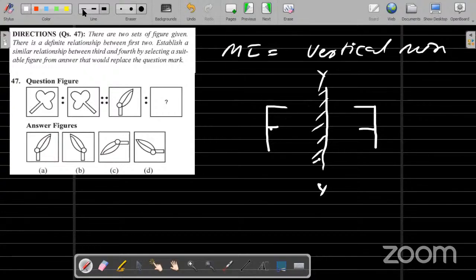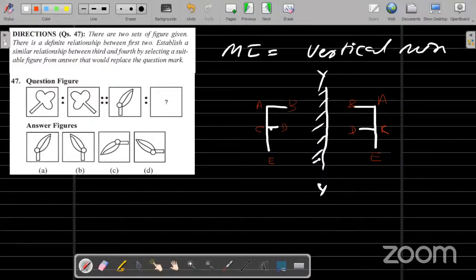If I mark points here, A, B, C, D, E, B is nearer to the mirror. So in the image also B will be nearer to the mirror. A here. In the second line, D is nearer to the mirror. C is here and E will be here.